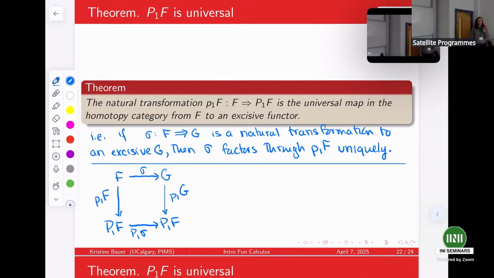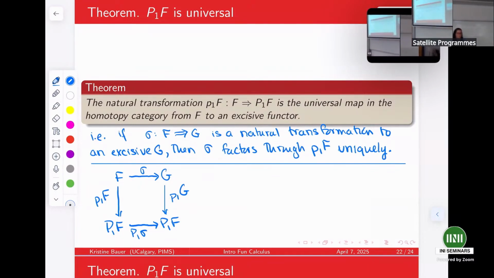So what does the map P1G do? Well, I didn't really show you this, but if I started with an excisive functor G, then when I form T, I just get G back again, because G itself took strict pushouts to homotopy pullbacks, which means that the map from G to T of G was an equivalence.